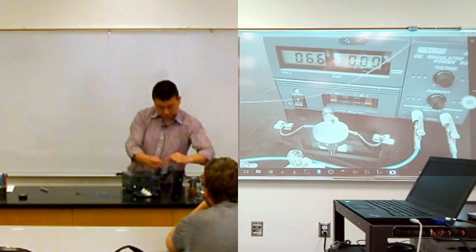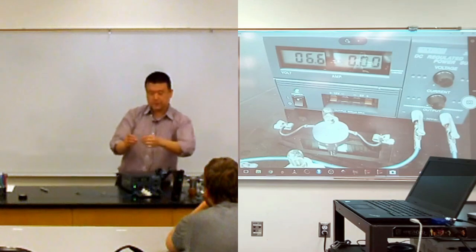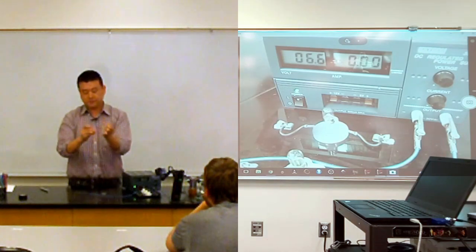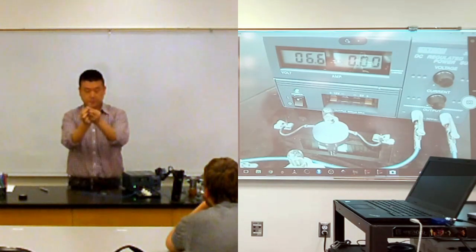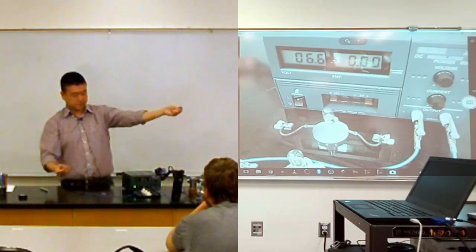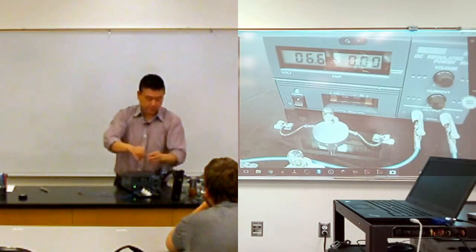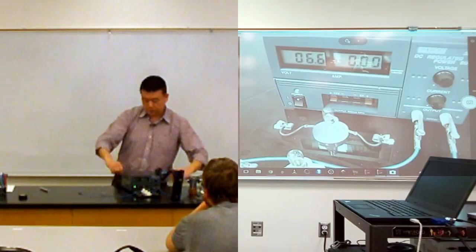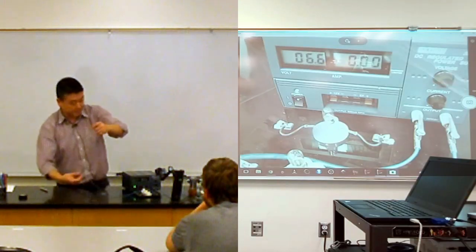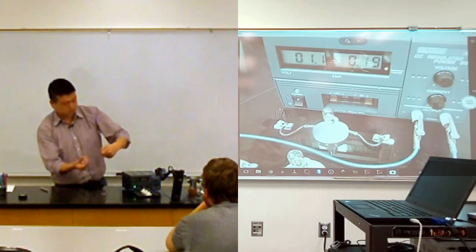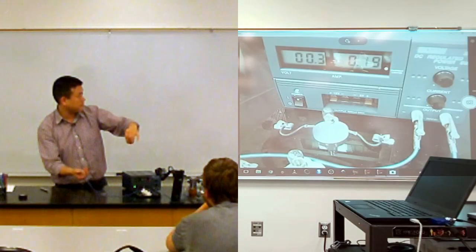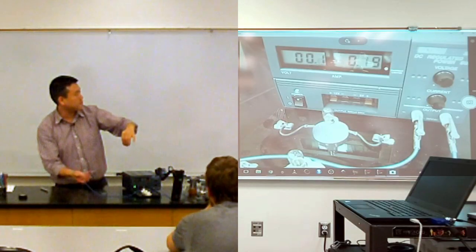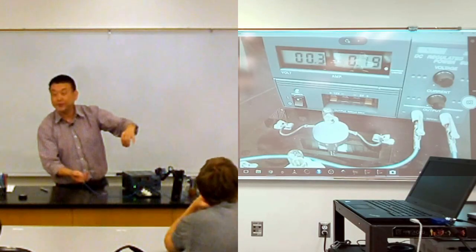So, double up the wire. Connect this end to here, and connect the other end, same length as before, here. And this time, it's somewhere between 0.2 and 0.1, because it's flickering between the two.